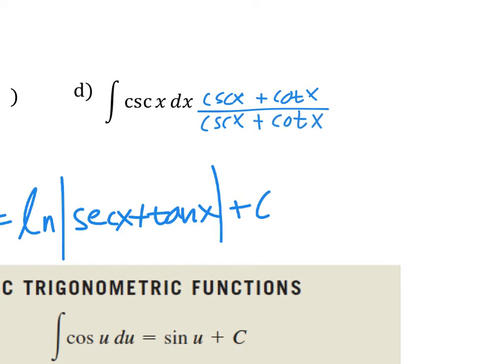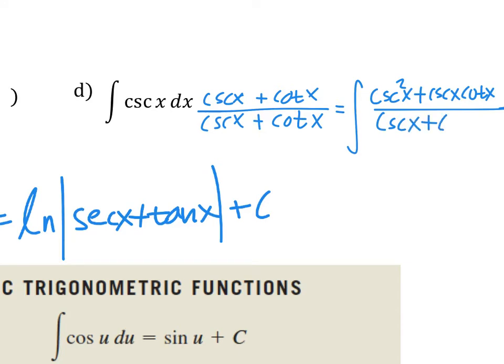We're trying to bring the derivative in there, and the derivative of cosecant needs some cotangent. All right, and so we get cosecant squared plus cosecant cotangent on top, and then on bottom cosecant of x plus cotangent.